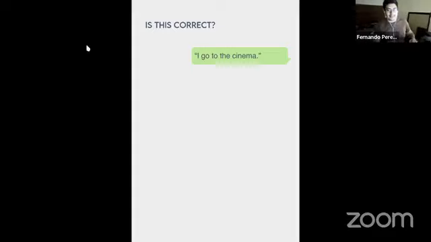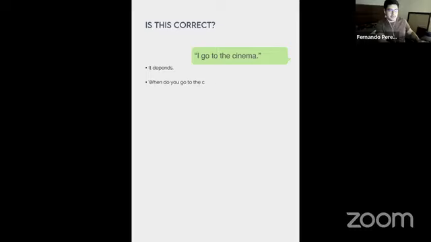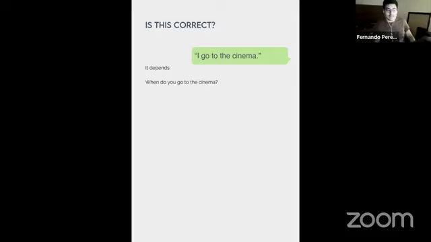Incorrect. Well, not incorrect. It depends. When do you go to the cinema? If it's now, we need to use ing. But if it's go, it's incomplete. Exactly, because I don't know when.